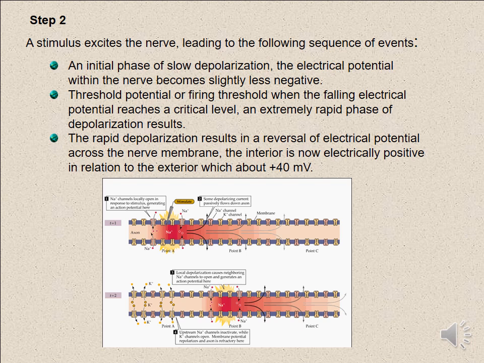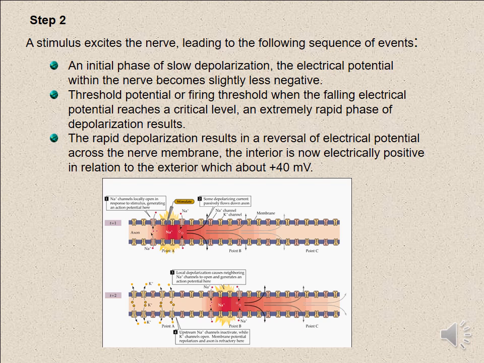The second phase is the threshold potential or firing threshold, when the electrical potential reaches a critical level and an extremely rapid phase of depolarization results. The last phase is rapid depolarization, resulting in reversal of the electrical potential across the nerve membrane. The inside is now electrically positive relative to the exterior, at about plus 40 millivolts.